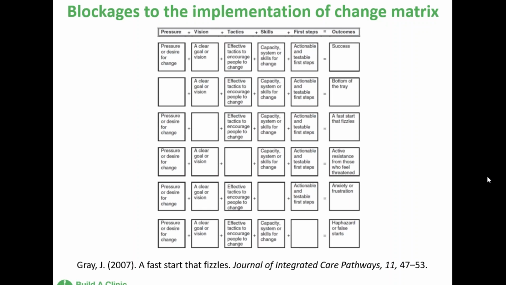Skills. That's hopefully what we're going to deliver to you through the 6-module series. So for example, if you had some pressure around tobacco cessation, a clear vision for improvement, you have everybody engaged around it, but you don't have principles of prescribing nicotine replacement therapy. You don't have principles of motivational interviewing. You don't know about the 5 A's, then the problem is this could lead to high degrees of anxiety or frustration.